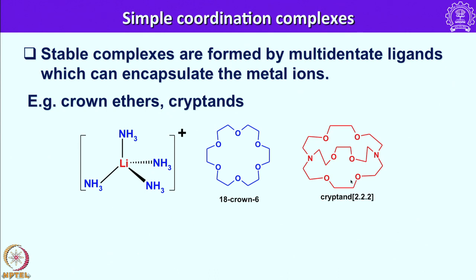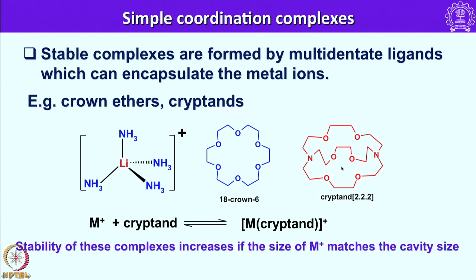So, this is how it is referred. I will show you how we arrive at this number. For example, when you take a cation and you add a cryptand, the cryptand essentially encapsulates this cation in its fold through the coordination of nitrogen as well as oxygen with their lone pairs.